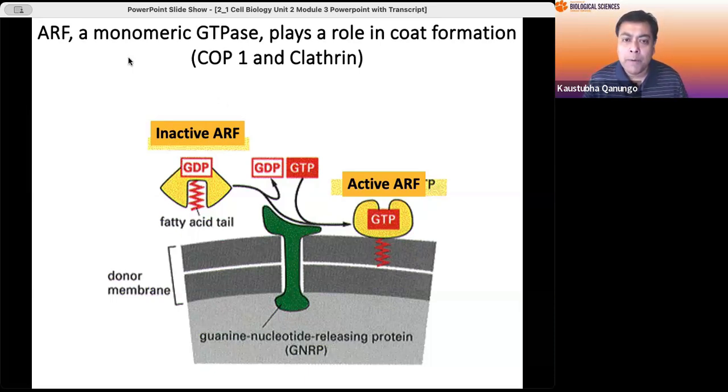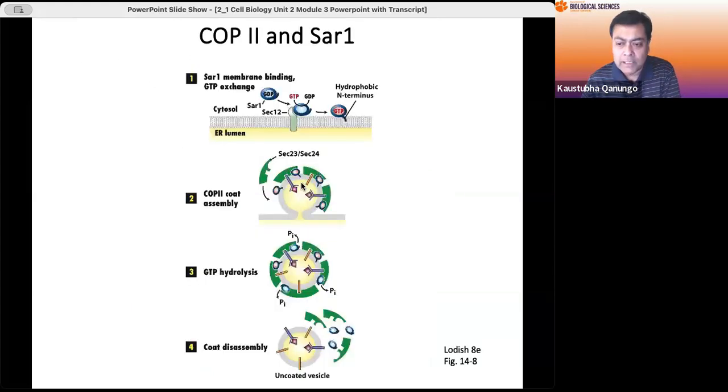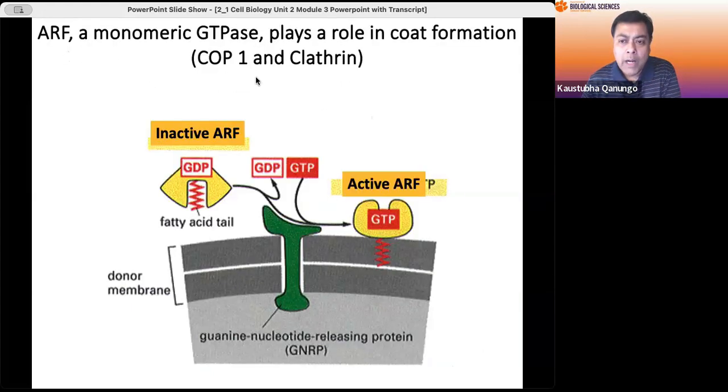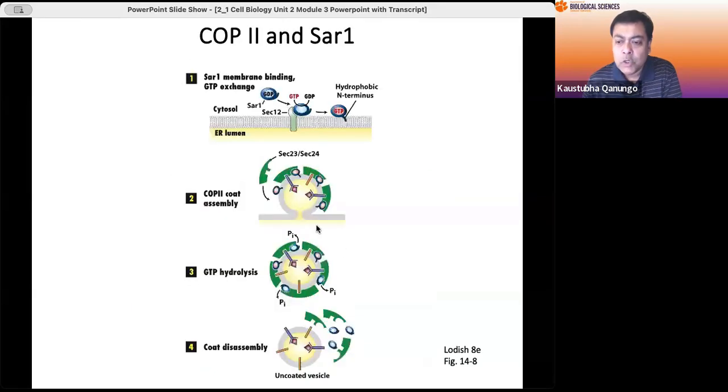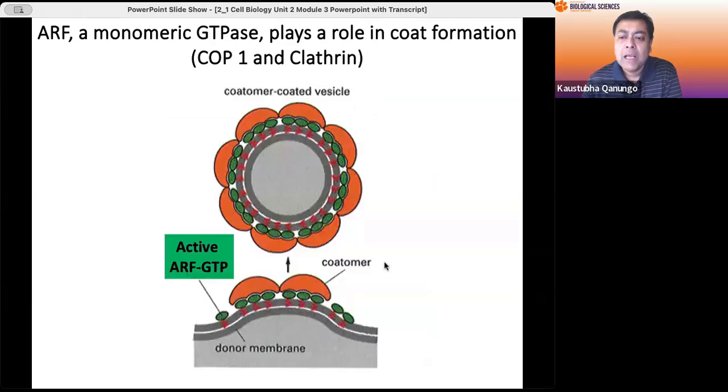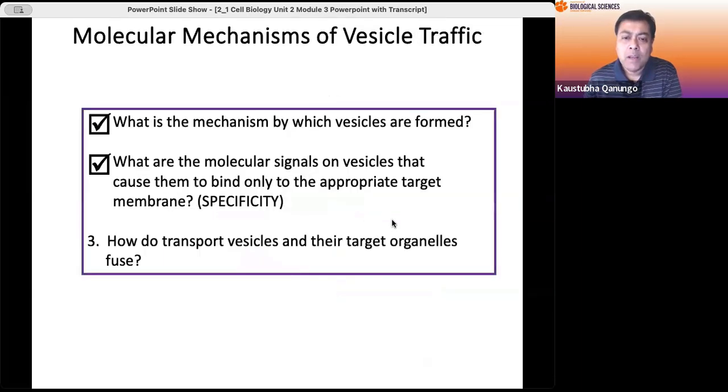And now on top of that, in the same way, the COP1 and clathrin can form and pinch off the vesicle. So these are all mechanical forces for this formation. You can see that these are the coatomer proteins active, and this coatomer-coated vesicle is formed, all mechanical forces. All right, so that was the mechanism of vesicle formation.